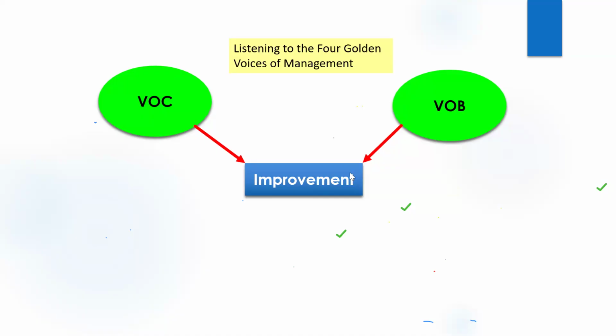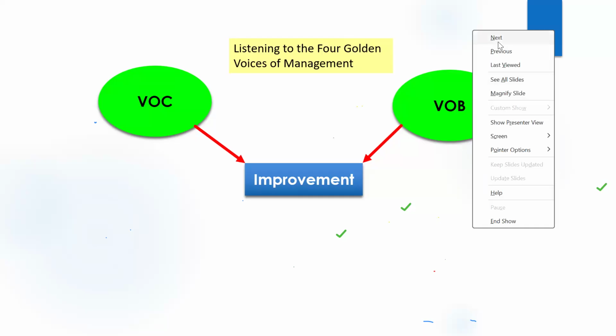Very good. So these are the two golden voices: capture the voice of customer, capture the voice of business. Our operation scorecard will give us the required improvement or target area where we want to improve. So the third voice is called the voice of process.